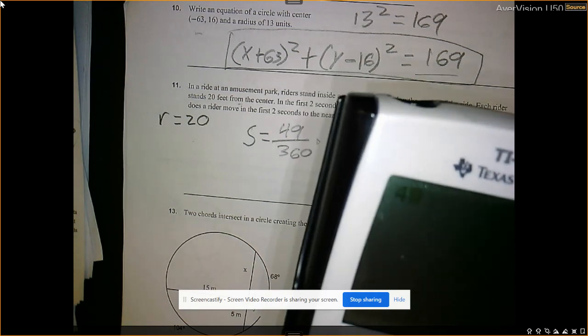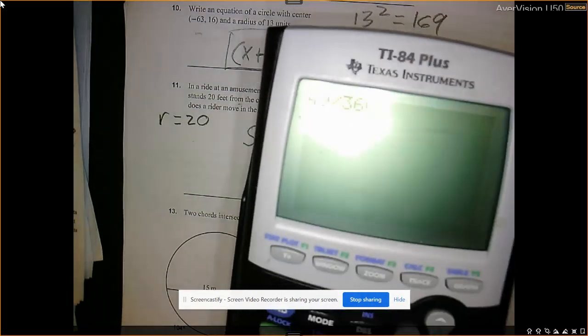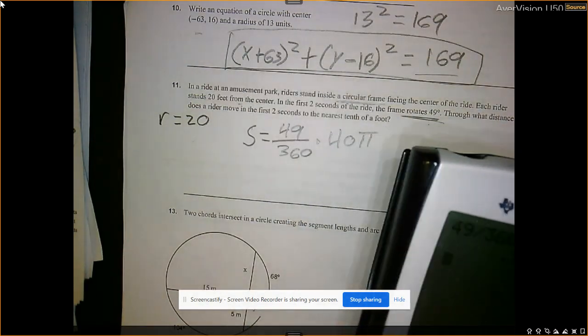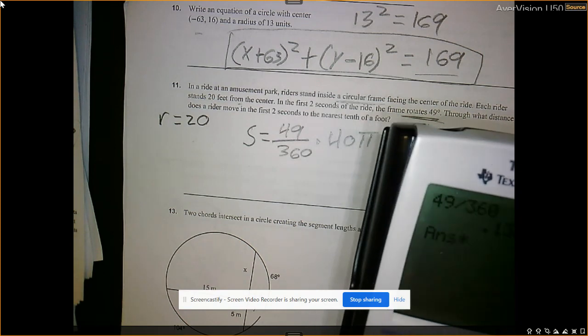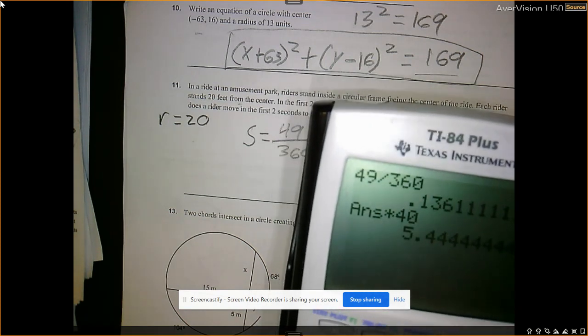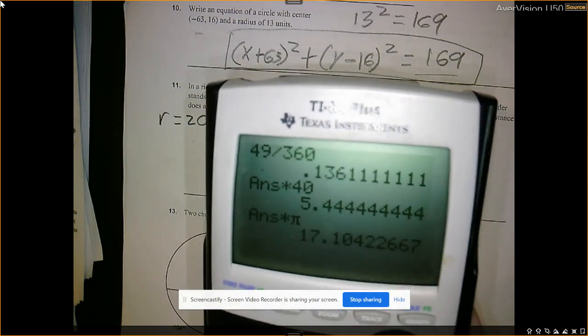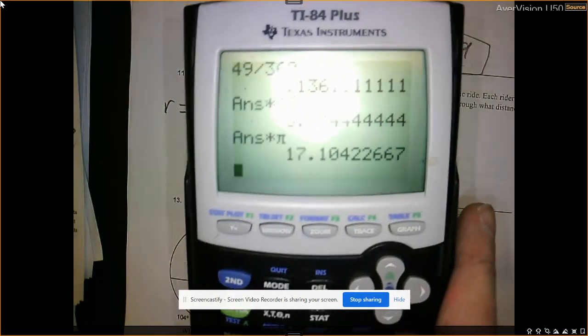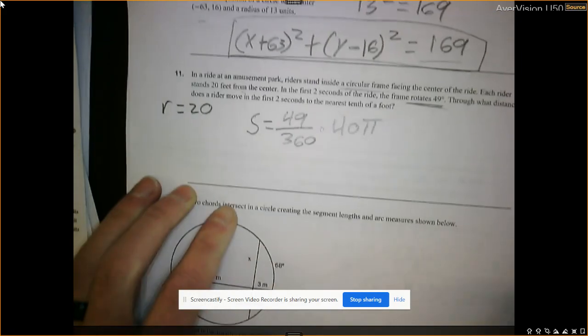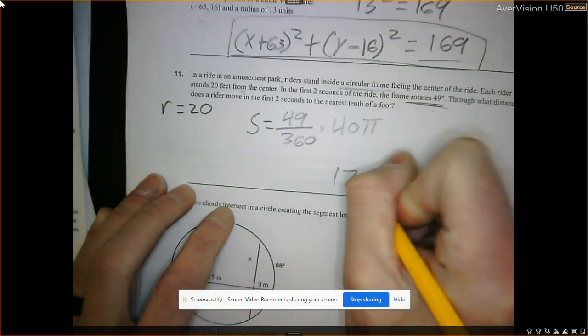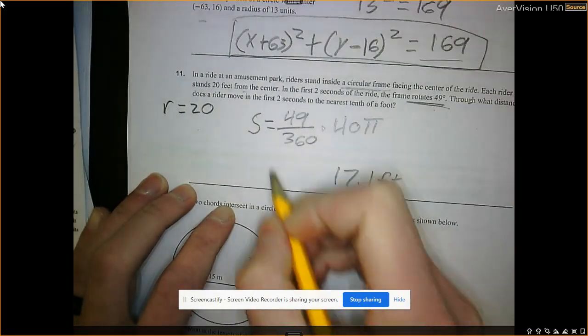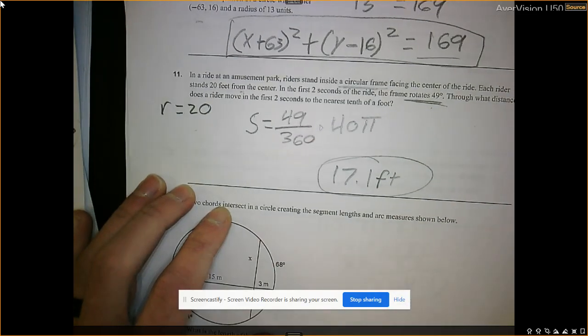Maybe we'll just go to the calculator, right? 49 divided by 360. Hit that enter button. Okay, now without hitting anything else, we go times 40. Hit that enter button again. Times pi. That'll give you your answer of 17.1. We are talking arc length, so we say 17.1 feet is how far they traveled in just 2 seconds.